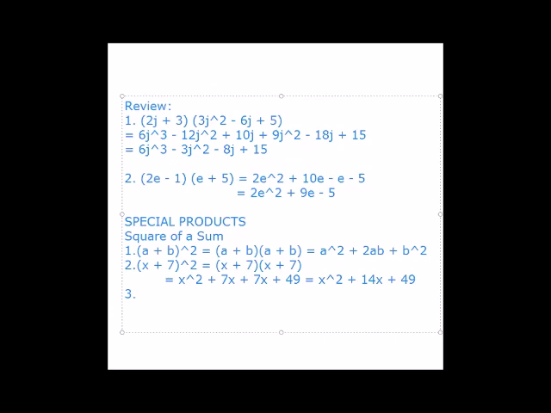Am I right, Jude? Yes. Thank you. That's so smart of you to see that pattern, and that will help us deal with the square of a sum. That is what makes it special, because it has a pattern that will make it easier for us.